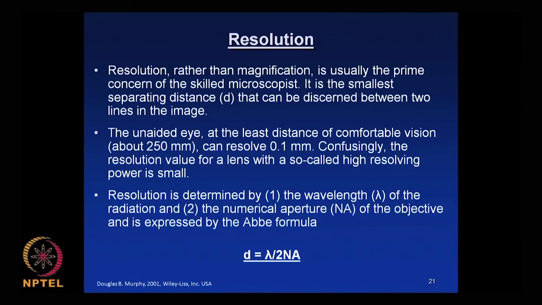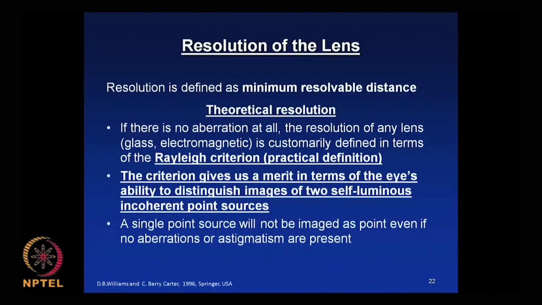Resolution is determined by the wavelength lambda of the radiation and the numerical aperture of the objective, and it is expressed by the formula d equals lambda divided by 2 times numerical aperture. So, let us look at what resolution is.